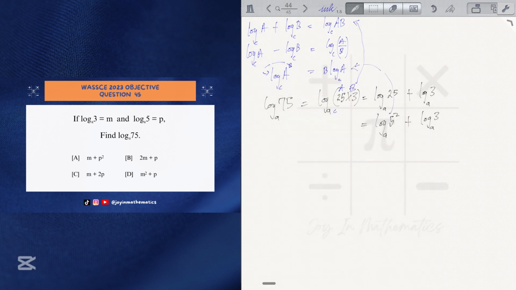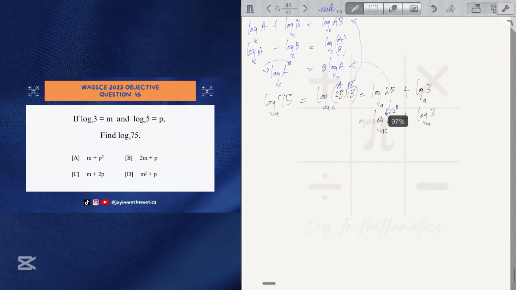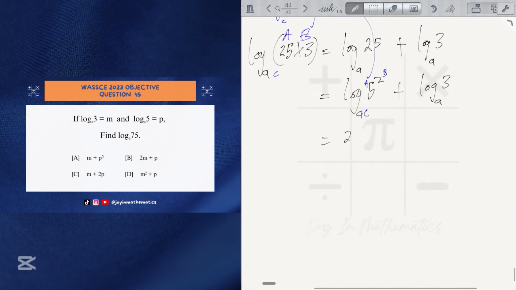This is going to be our B, this is A, and this is C. So this B, which is 2, becomes a multiplier and multiplies the logarithm, and therefore we would have 2 log 5 to base a plus log 3 to base a.